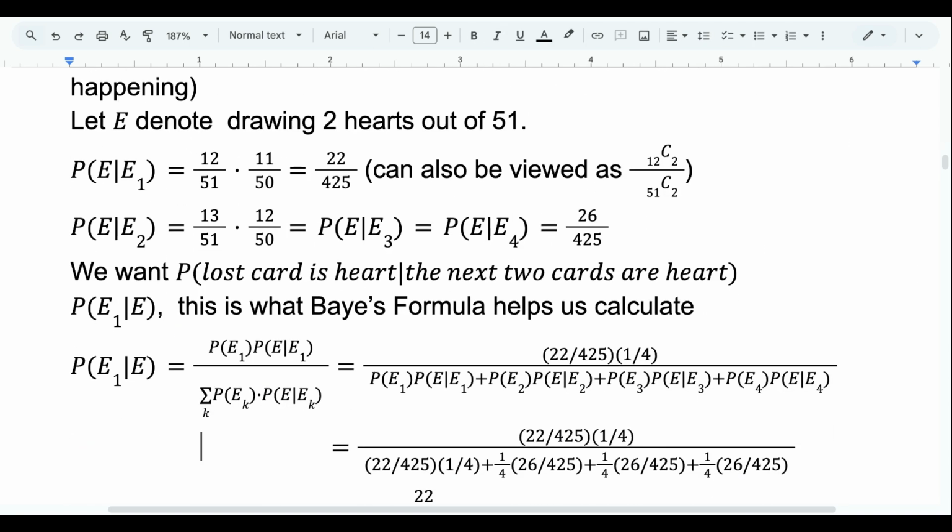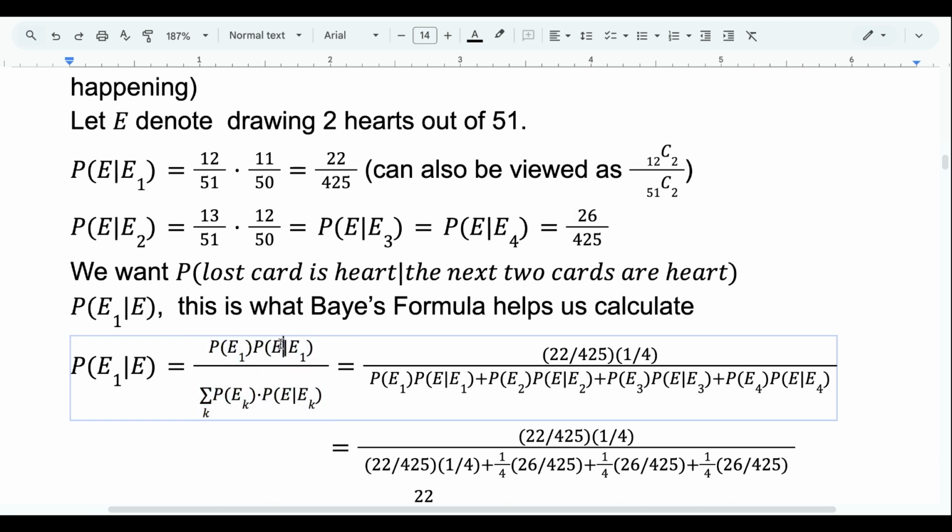Okay, so I know this looks messy here. A lot of these terms are the same. Using Bayes' formula, we reverse the conditioning in the numerator. We have the probability of E given E1 times the probability of E1. We do that same reversal in the denominator, and then we move on to the other cases with E2, E3, and E4.